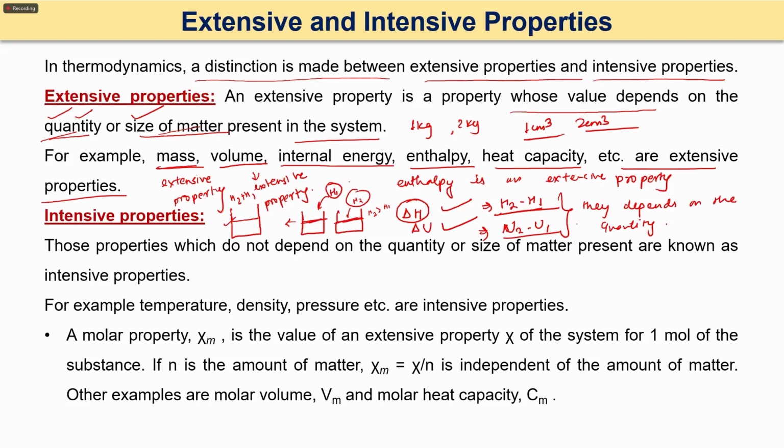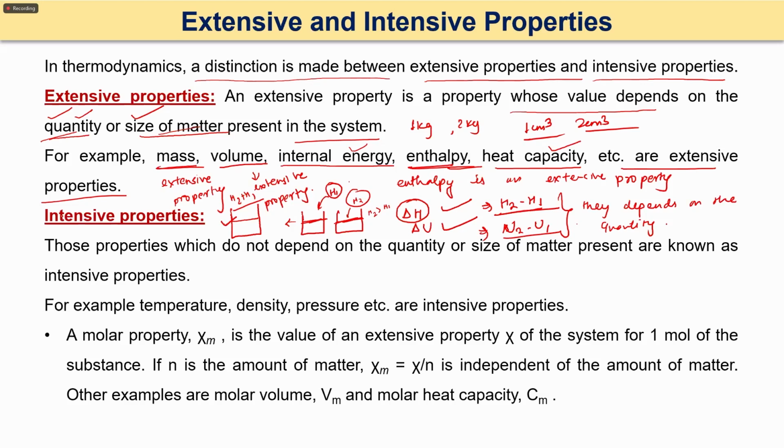Now if we add both, the heat content of the system will increase. So that's why enthalpy is also an extensive property. Similarly, internal energy and heat capacity are all extensive properties.